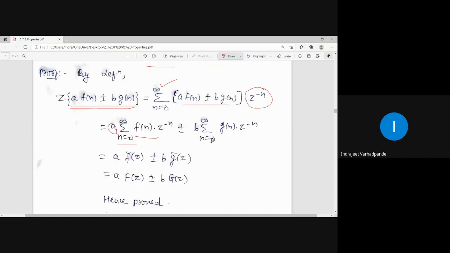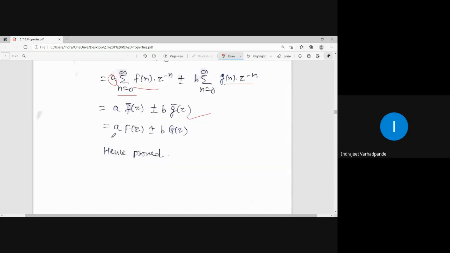B outside, summation n equal to 0 to infinity g of n into z to the power minus n, which is G bar of z or capital G of z. So in this case, I got the result as a into F bar of z plus minus b into G bar of z, that is a F of z plus minus b G of z.